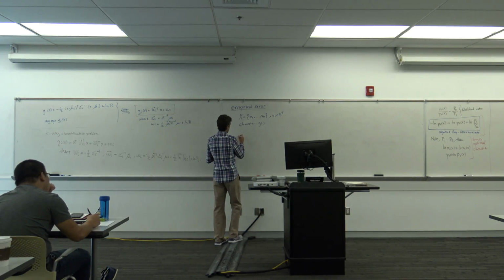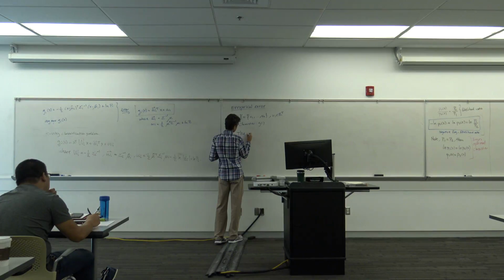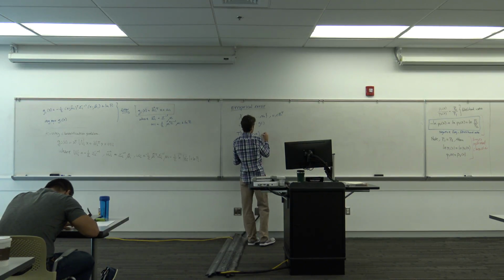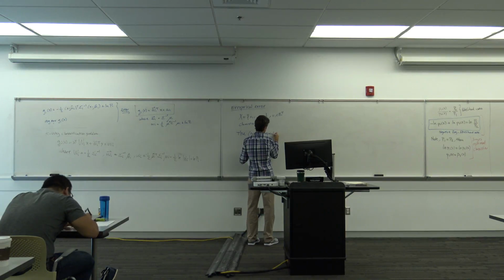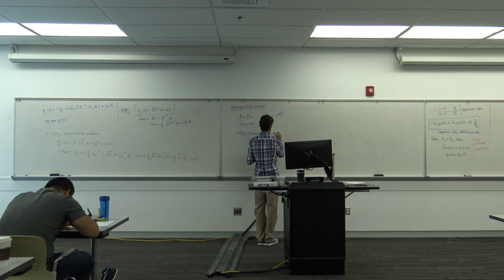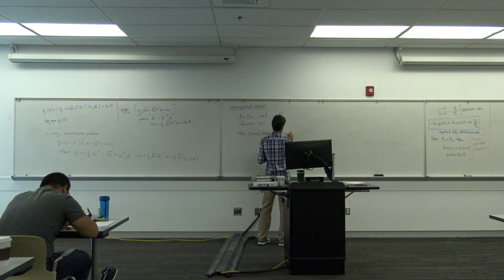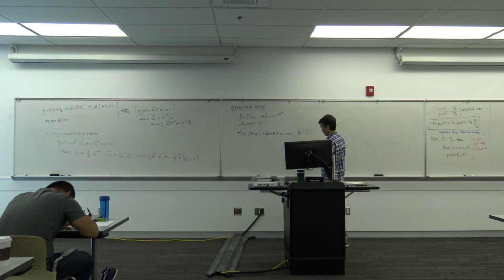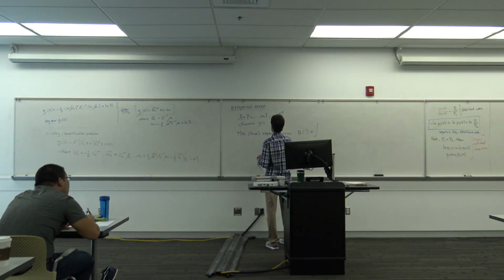I can then define the true or expected error. The true expected error is going to be defined as, let's call it R of some parameters. So we are missing one variable here.